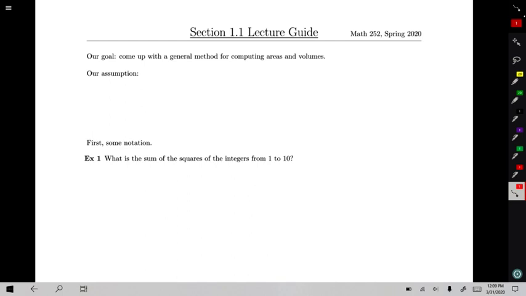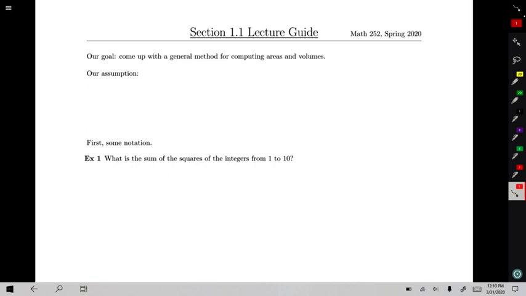And if you're making a strangely shaped piece, perhaps then it's not obvious. We can't use something as simple as the volume formula for a cylinder to compute its volume if it's not a cylinder. So certainly we want some kind of general method for computing areas and volumes. This is of practical interest to us.